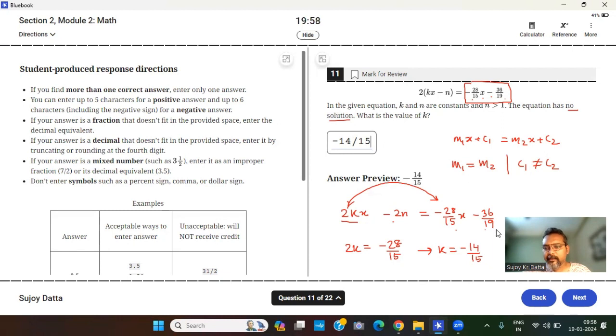Okay, so I'll just repeat that. This is no solution. That means the slopes must be the same. So here it is 2k. That should be negative 28 over 15. So k is negative 14 over 15. We are not really interested in n. We know that 2n is not equal to 36 over 19. That's it, but that's not what we are interested in anyway.